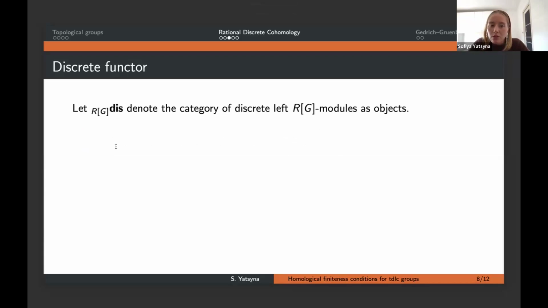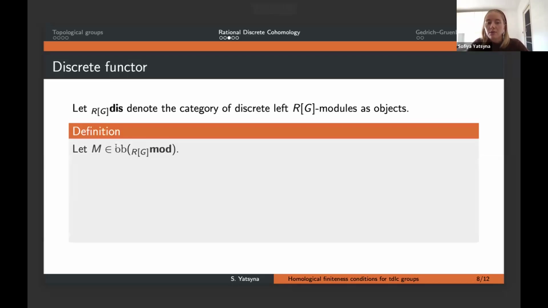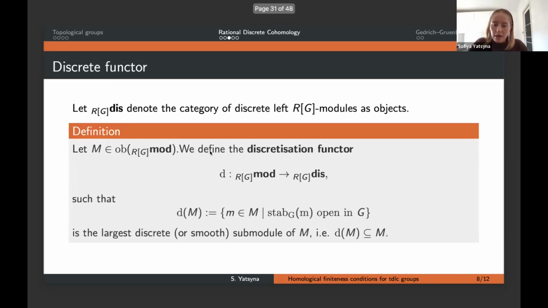If our module is not discrete, we have a functor which takes this non-discrete module and gives essentially the largest submodule that is discrete. Another form of discrete is smooth. You can sometimes see a similar definition, not obviously used in the context of this cohomology, of this kind of module and this sort of functor, and they usually refer to it as making a smooth module.